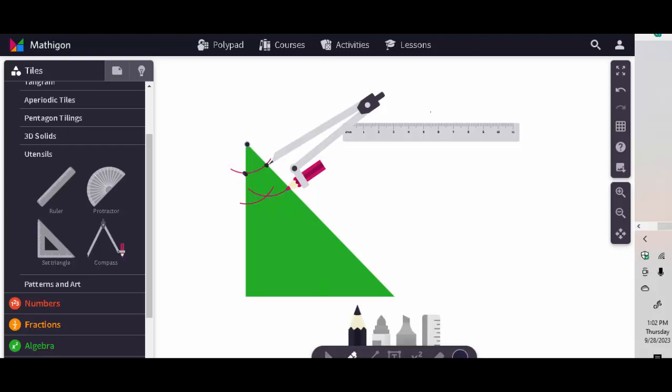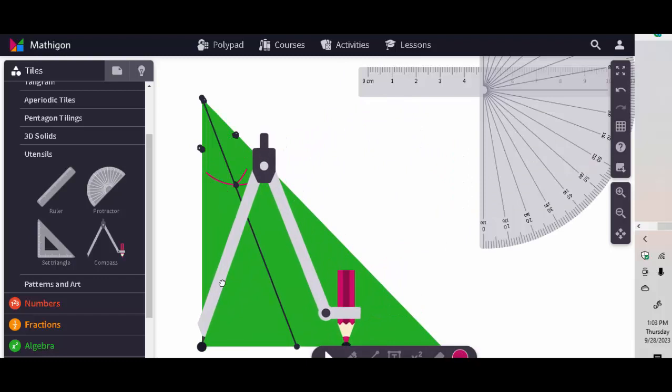They intersect, they make a little X. So we're going to draw a line segment that goes from the corner of that triangle through that intersection of those 2 arcs that we made. And this is cutting the angle of that triangle into 2 equal halves. So it bisected that angle.